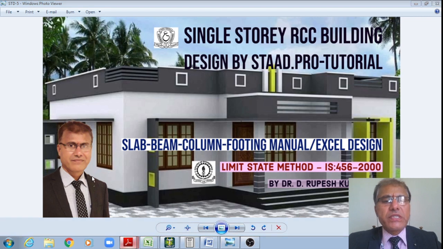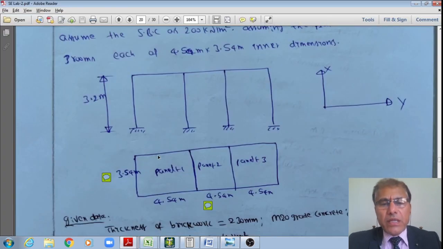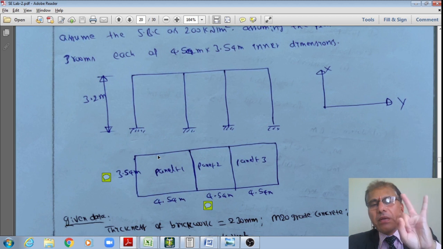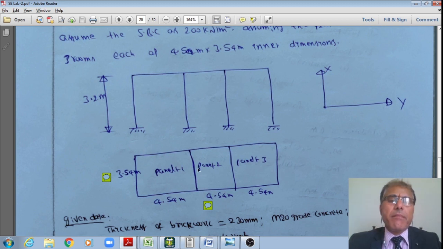That is how the internal dimensions are given. Now I need to design the slab, beams, columns and footings. These 4 components we'll see manually as well as using STAAD as well as Excel sheets. That is how the data is given.